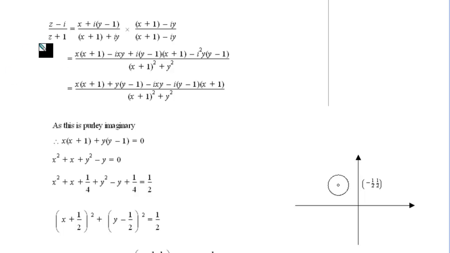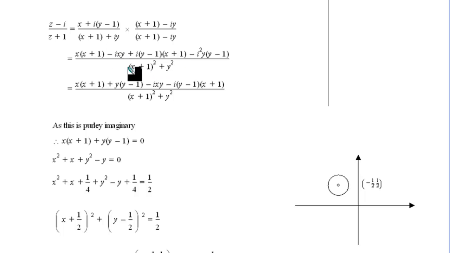Let's simplify it. Put z as x plus iy. This would be x plus i times (y minus 1), and this would be x plus i times (y plus 1), multiplied by the complex conjugate, x minus i times (y plus 1).